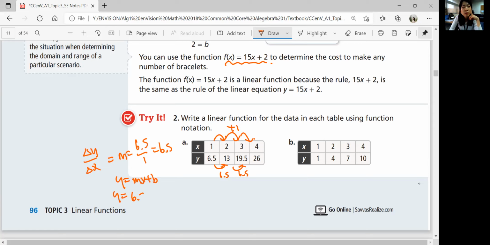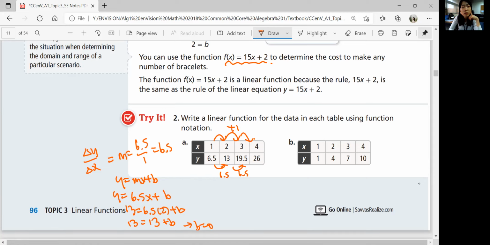And then you're going to use your slope-intercept form, mx plus b. Your m is 6.5, so 6.5x plus b. Pick a point, okay? I am not going to deal with decimals, so I'm going to pick 2, 13. So you have 13 is equal to 6.5 times 2 plus b. We're going to solve for b in order to figure out the y-intercept. 6.5 times 2 is 13, and in order for 13 to equal 13, your b has to be 0.